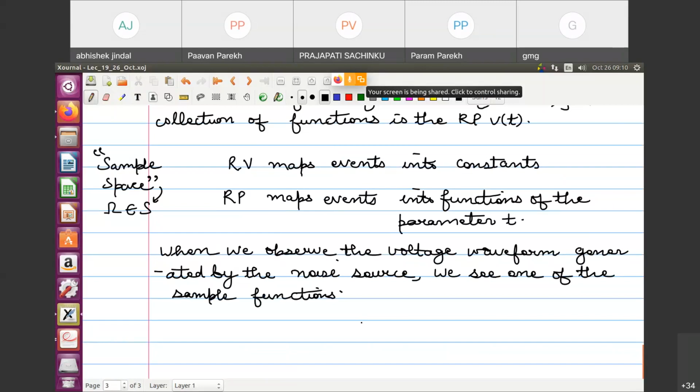Now, how do you obtain the sample functions? This is important for me to write, although I have explained it above, because those reading from notes must get it in place.